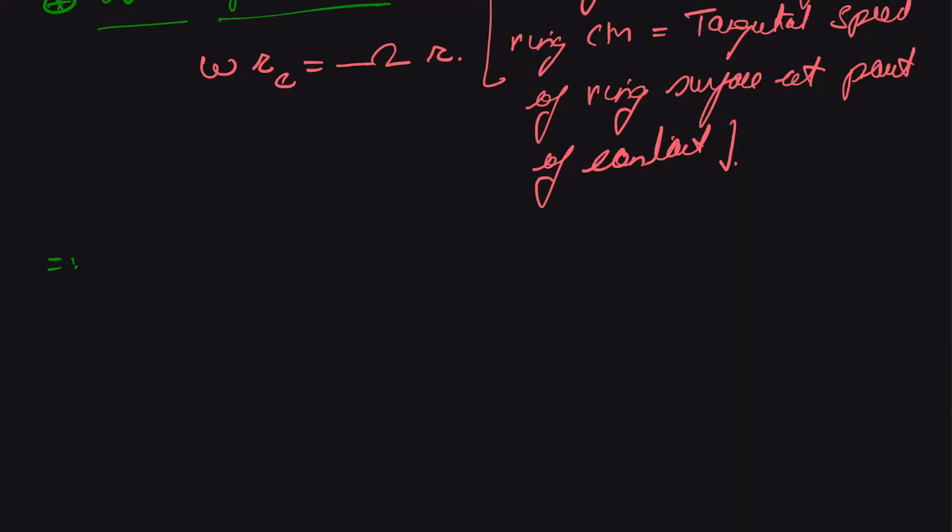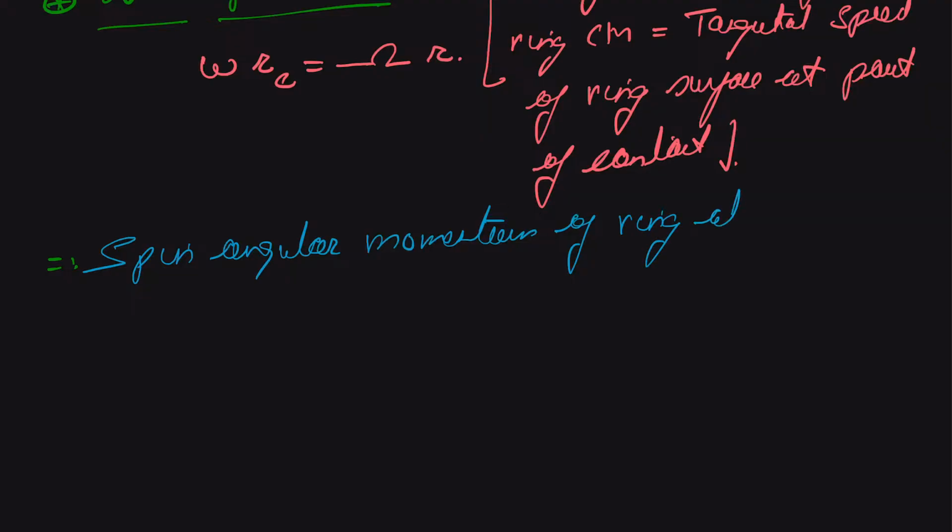So you can say that spin angular momentum of ring about its own axis, and let us call that L. So L will be equal to I omega and L unit vector.